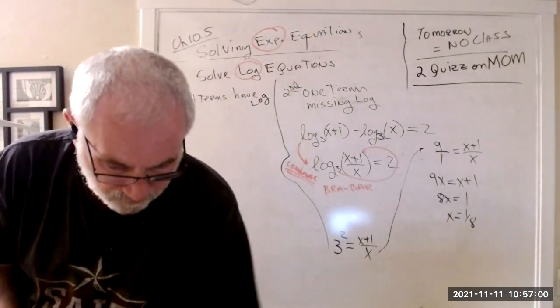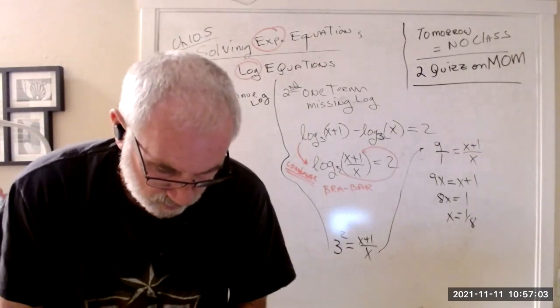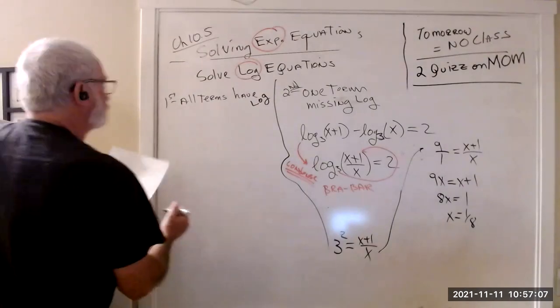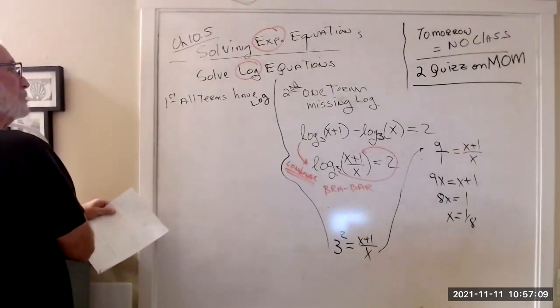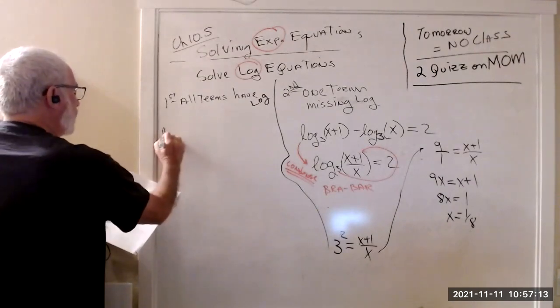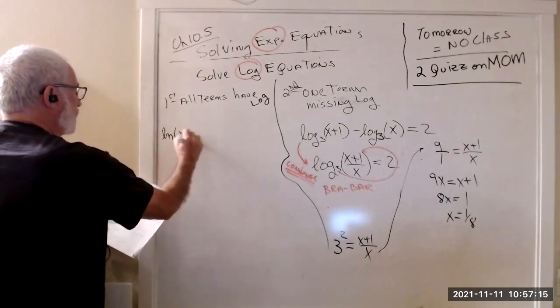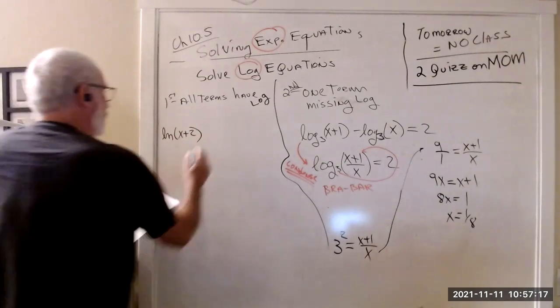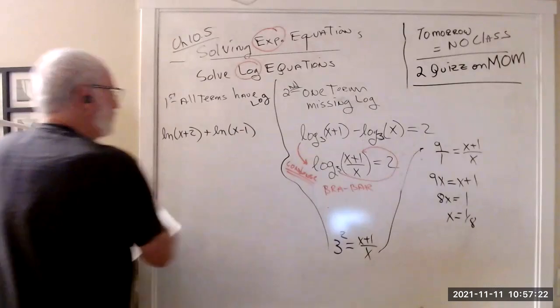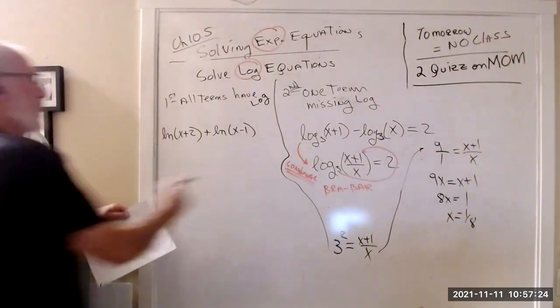So what if I have the ln of x plus 2 plus the ln of x minus 1 equals the ln of 9x minus 17, sorry.